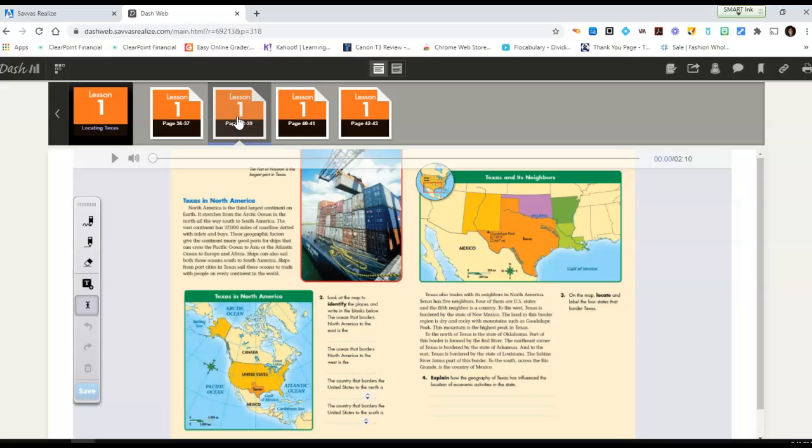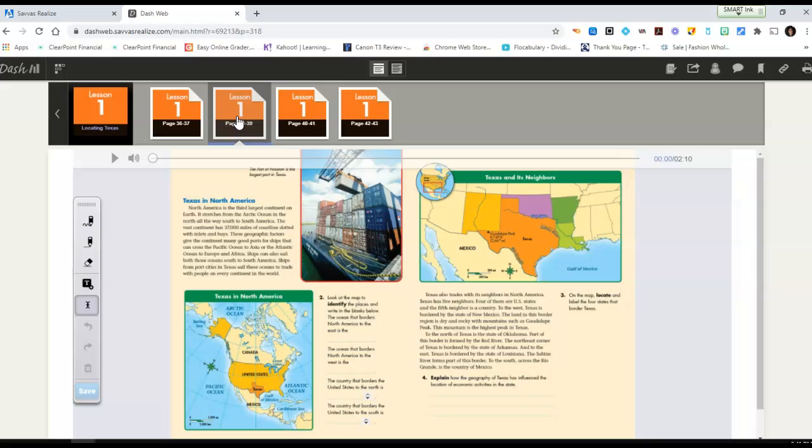Texas is in North America. North America is the 3rd largest continent on Earth. It stretches from the Arctic Ocean in the north all the way south to South America. The vast continent has 37,000 miles of coastline dotted with inlets and bays.